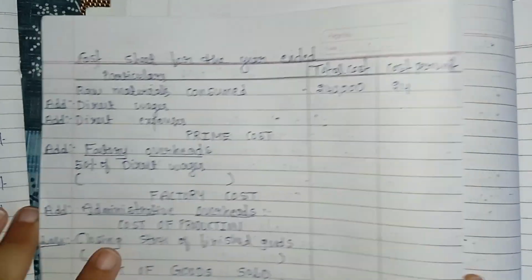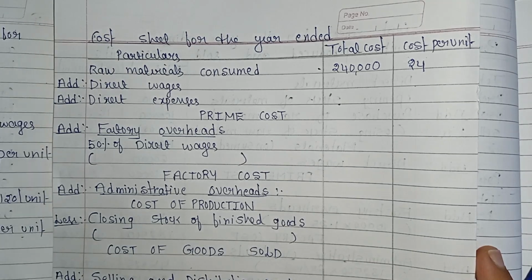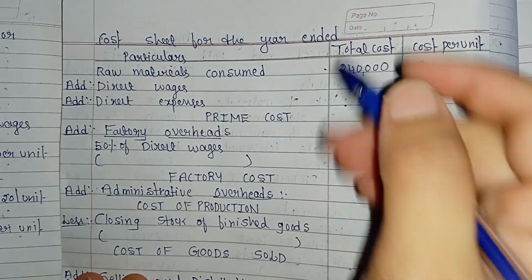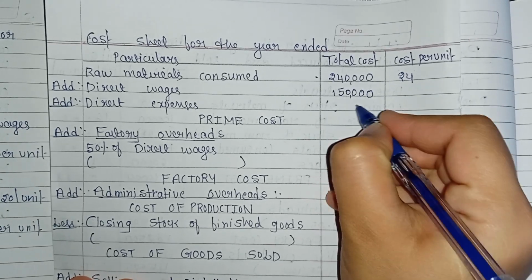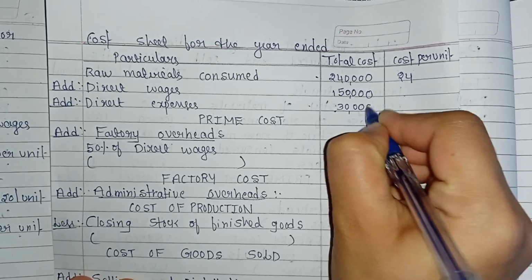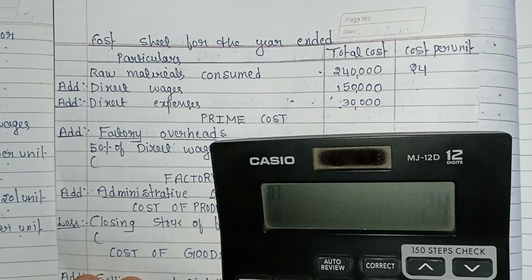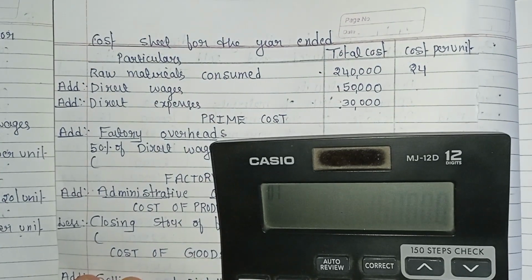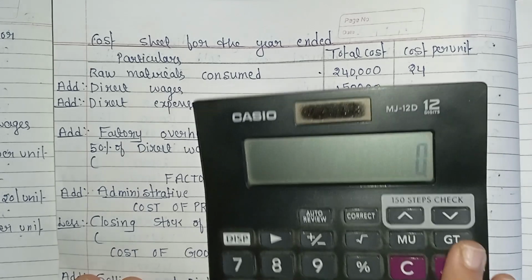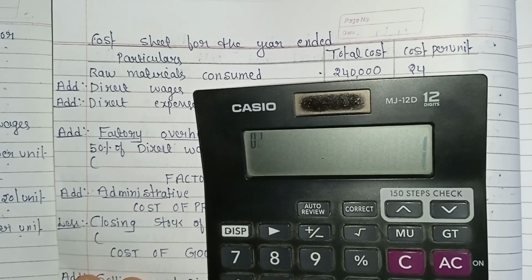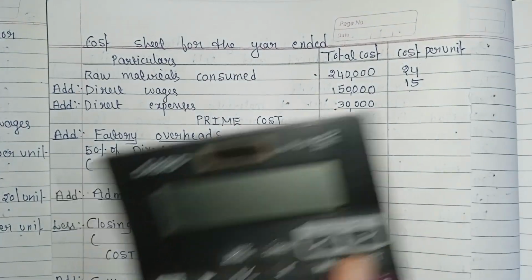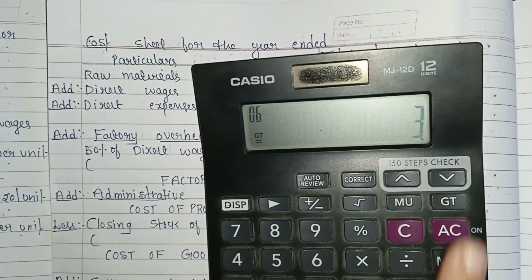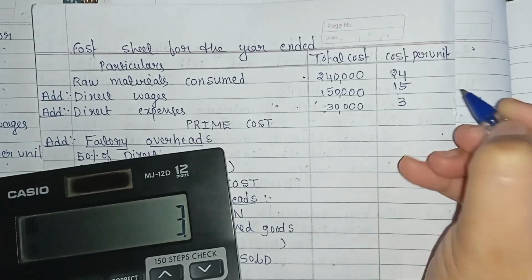Next one is direct wages. Direct wages how much, that is rupees 1,50,000, and direct expenses 30,000. So first we will see the cost per unit, 1,50,000 divided by 10,000, that is 15. 30,000 divided by 10,000, that is equal to rupees 3.